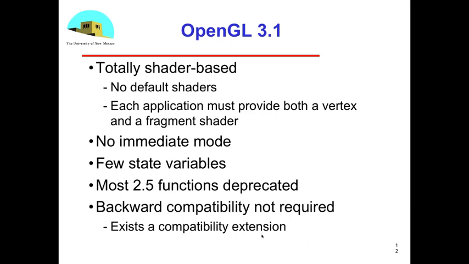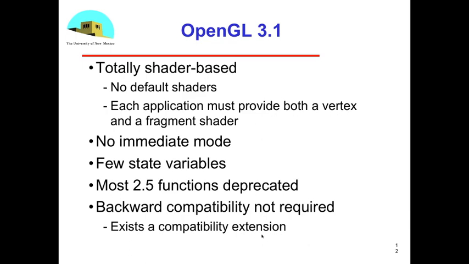They defined two modes, one of which would say, okay, this supports backward compatibility. That was called a compatibility mode. And there was also a core mode which said no backward compatibility. You have to use only the functions that haven't been deprecated, and that means it's a fully retained model, and it has to have shaders. There's no defaults.